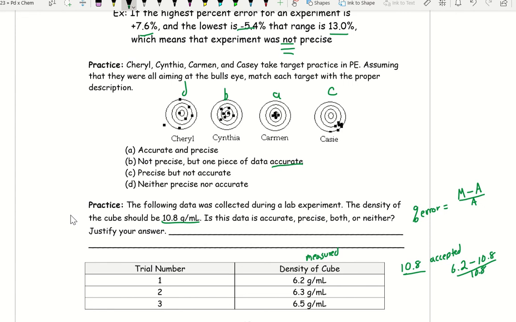And when you look through these, the most accurate, oh, by the way, when you get this answer, you're going to multiply by 100 just to convert it to a percent, right?